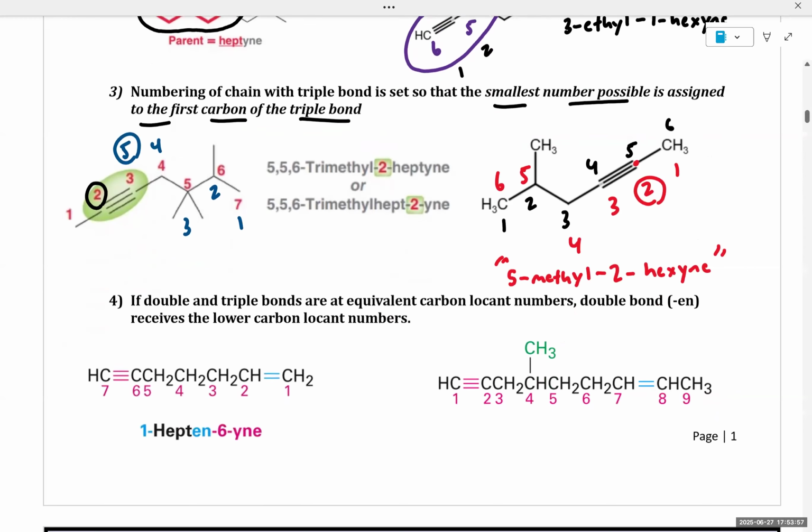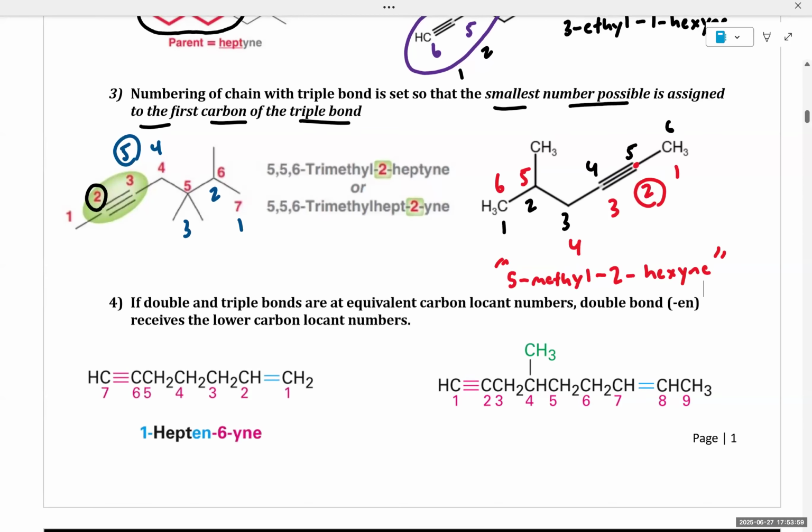Now, what happens if you have multiple functional groups? So if double and triple bonds are at equivalent carbon locant numbers, the double bond is going to receive the lower carbon locant numbers. The double bond is a higher priority substituent when it comes to IUPAC naming.